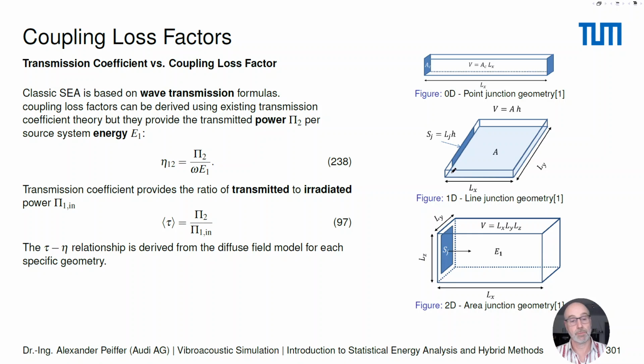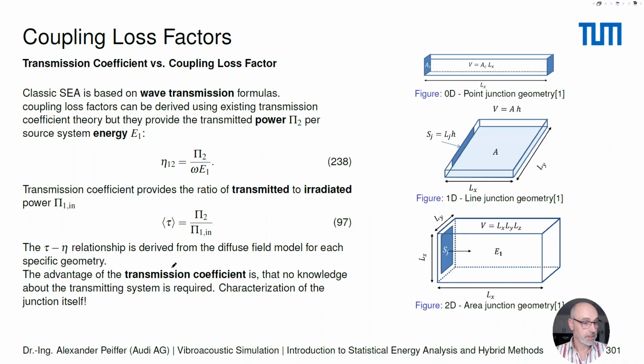A line junction would be something plate-like, and an area junction would be something that connects at least one cavity or whatever, or plate. However, there is an advantage for the transmission coefficient, and the thing is that we don't need any knowledge of the transmitting system. So here we have to know the energy, and this is not required for the transmission.